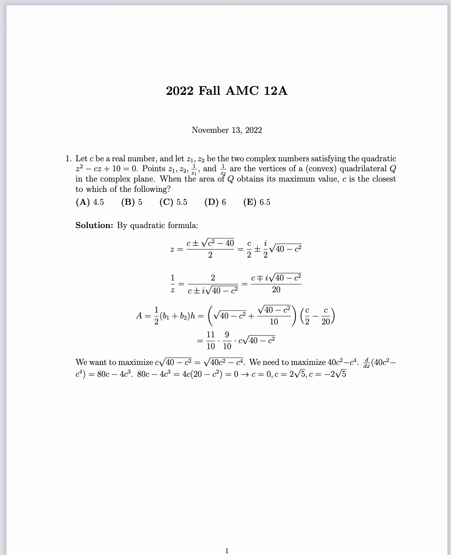Also, actually, we're just going to do the second derivative test. So d squared over dC squared of 40C squared minus C to the 4th. Sorry, the variable is C here. This one is just equal to 80 minus 12C squared.